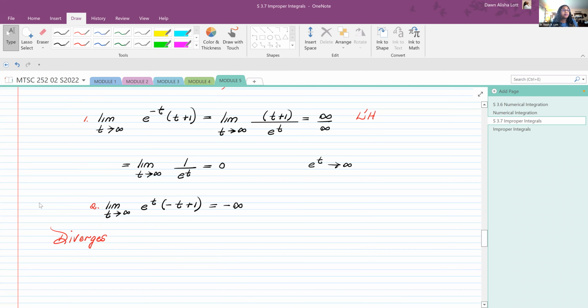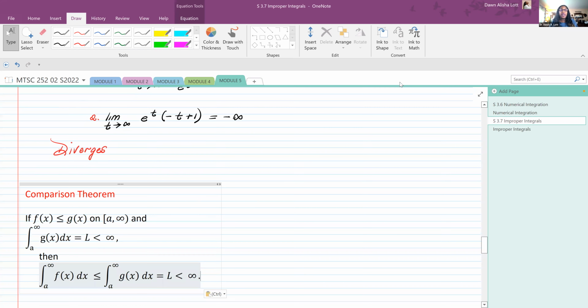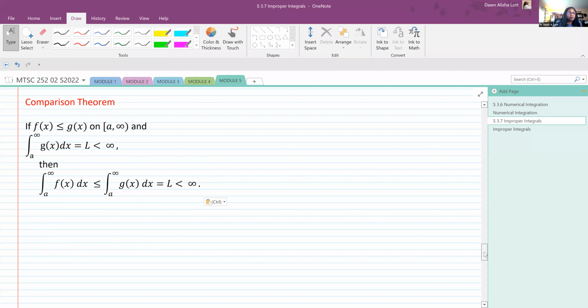So now let's look at the comparison theorem. And this is actually going to be really important for us as we move forward. The comparison theorem, we're going to use it not only for integrals, but we're going to use it for series as well. Okay, so suppose I have f of x less than g of x. So I have one function that's basically underneath another function on the interval from a to infinity.